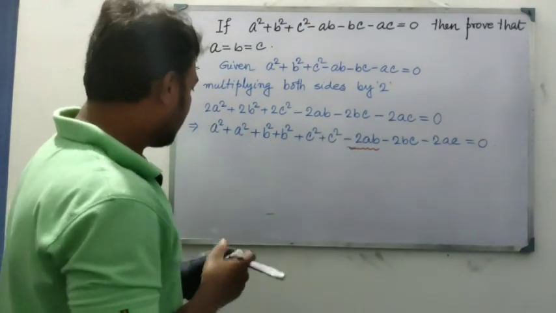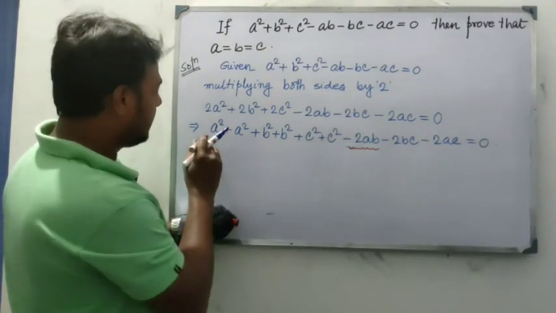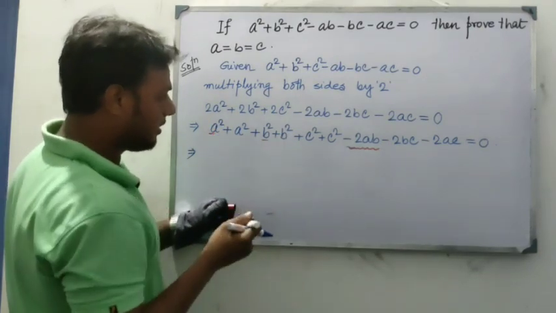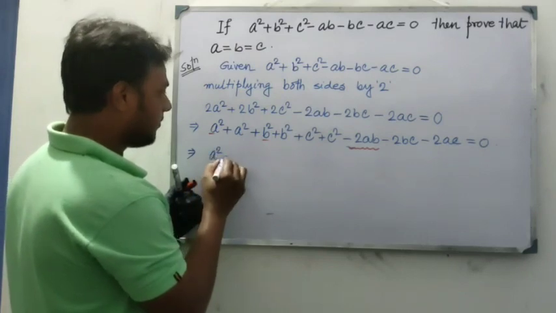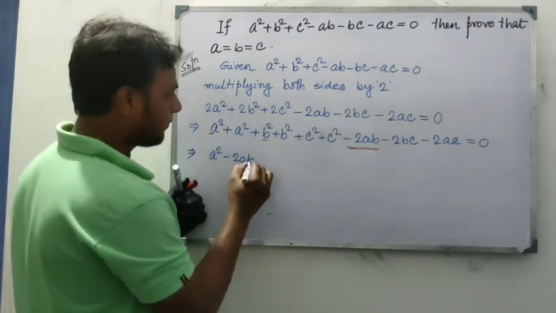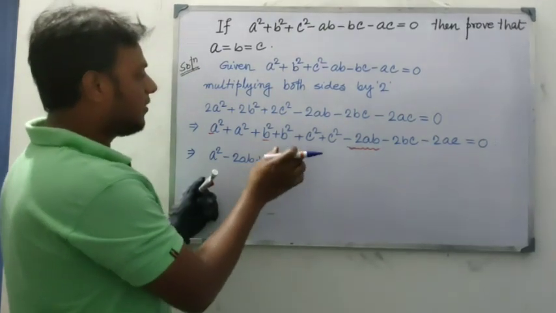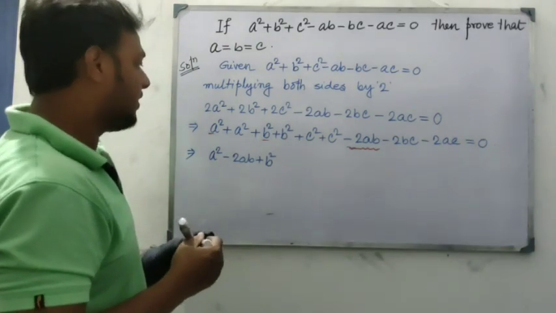So I am making the group. Suppose I am considering this a square, this b square, and this minus 2ab. Then a square minus 2ab plus b square. We have taken from the previous line these three terms, which I have marked by red color.